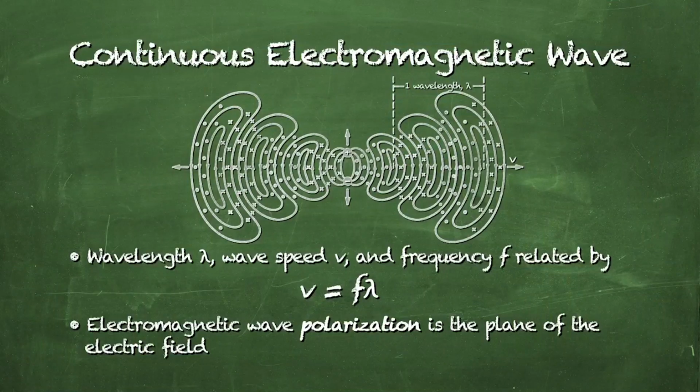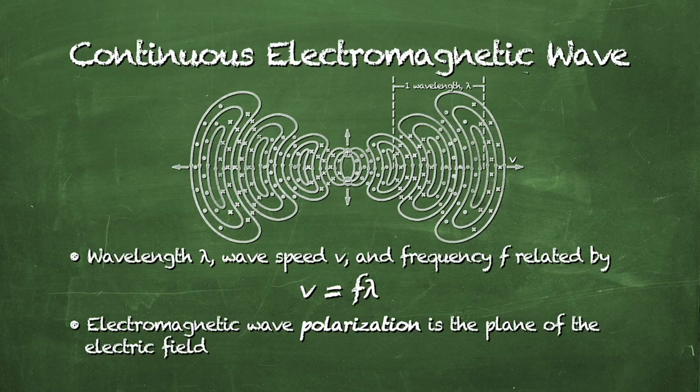So if we were to continuously move the positive and negative charges up and down, up and down, up and down, we would generate loop after loop after loop of electric field and the corresponding magnetic fields circling around it. And these waves will propagate out forever.